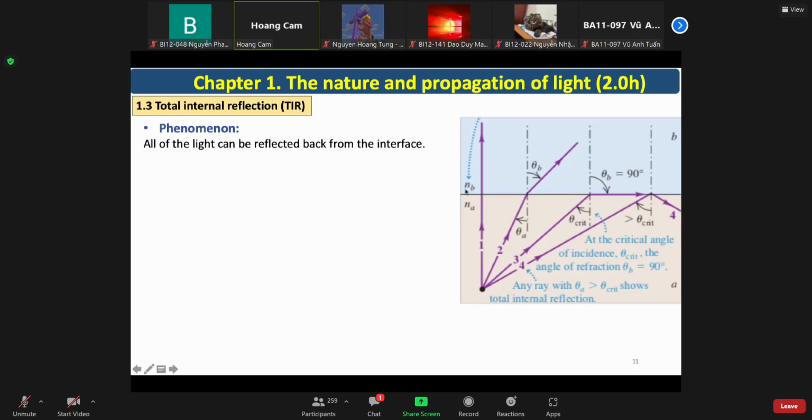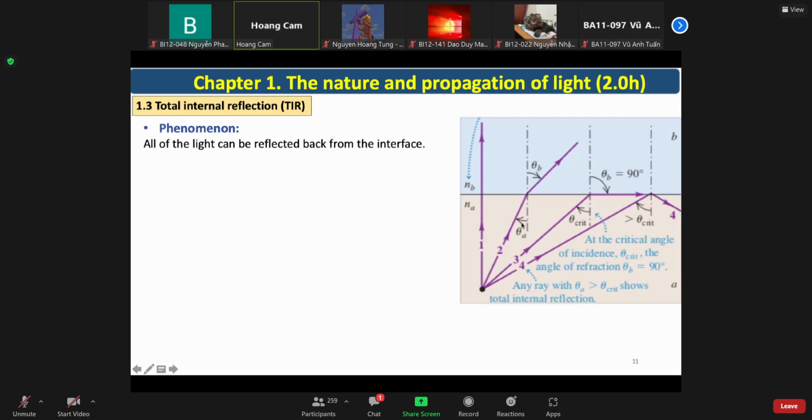Okay, here nA and nB. And for A and B here, we don't know yet whether nA is larger than nB or nA is smaller than nB. However, if you look at the directions of the incident rays and the directions of the refracted rays, we can also conclude about the relationship between these two indices of refraction.